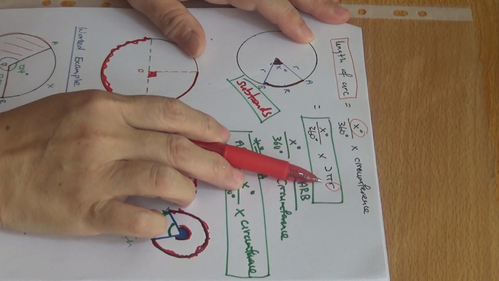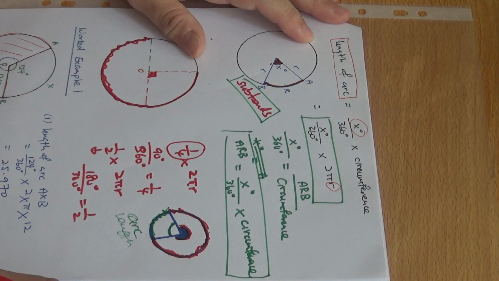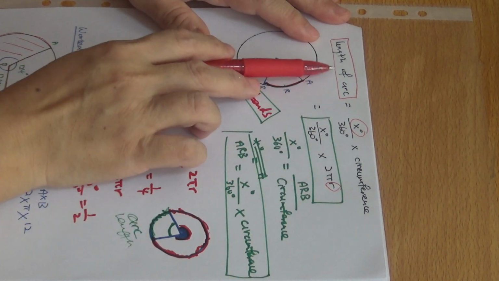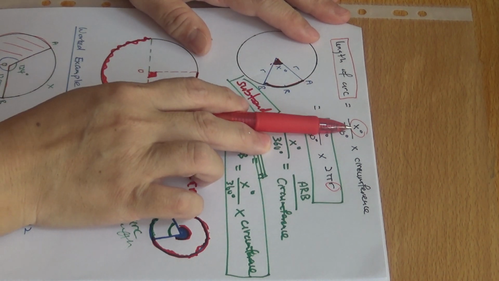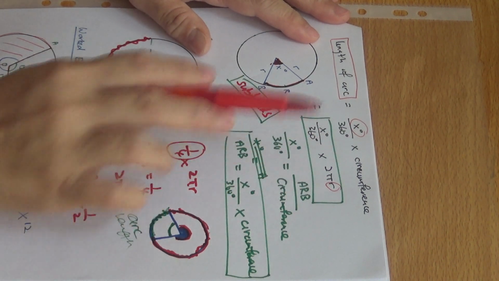Given any two of these three, we can find the third one. All these will be illustrated in the exercises and examples that we are going to do later on. So I repeat, this formula enables us to find length of arc or angle or radius. Given any two of them, I can find the third one.